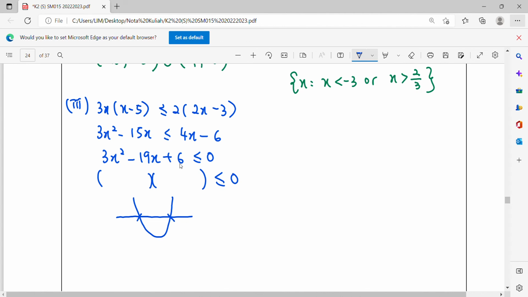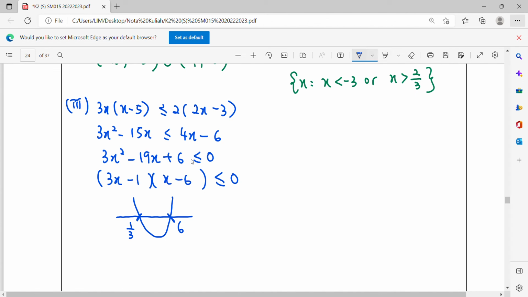This is the x-axis actually, so this is your value of x, your roots. You press your calculator, a equals 3, b equals negative 19, c equals 6. You get 1 over 3 and 6. So smaller value at left hand side, 6 bigger value at right hand side. So put in factorization, 3x minus 1, x minus 6.